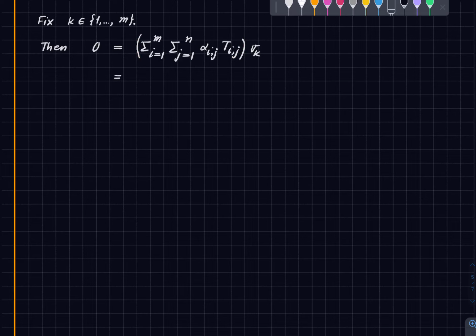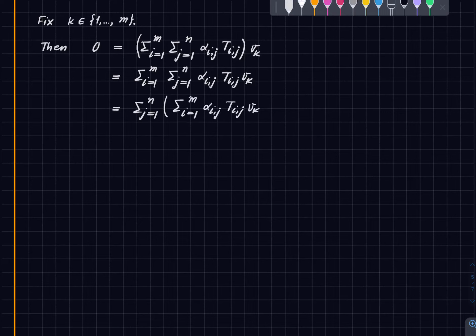This evaluation is equal to that. So here this is one vector. This is Tij applied to Vk. Let us change the order of summation. And now just use the definition of Tij. So Tij Vk is equal to Wj when i equals k and 0 otherwise.